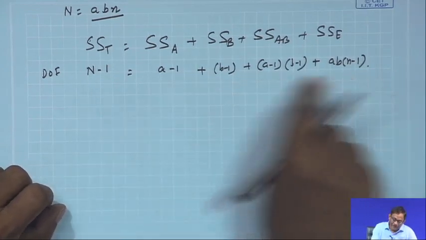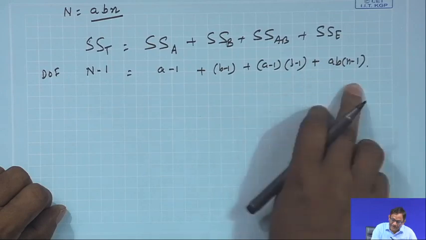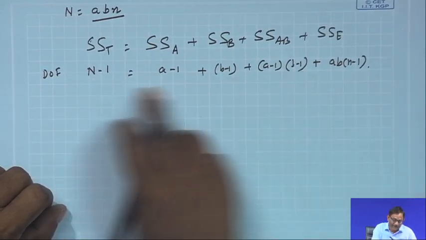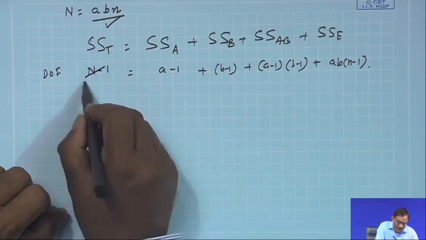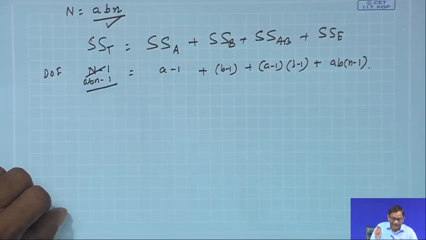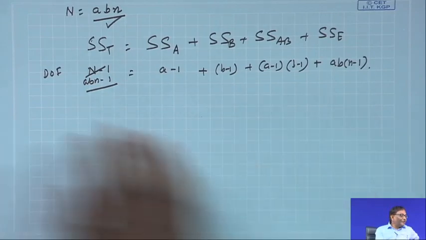So the degrees of freedom are also partitioned, and if you add all of these, it is nothing but ABn minus 1, because N equals ABn. From here you can develop the ANOVA table.